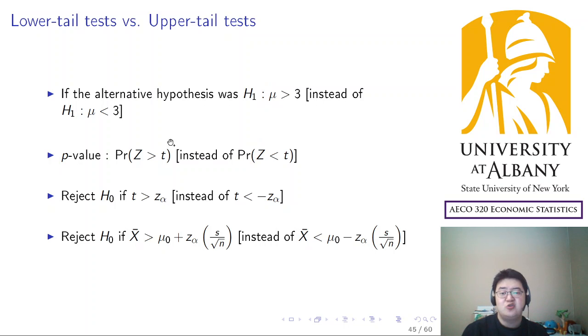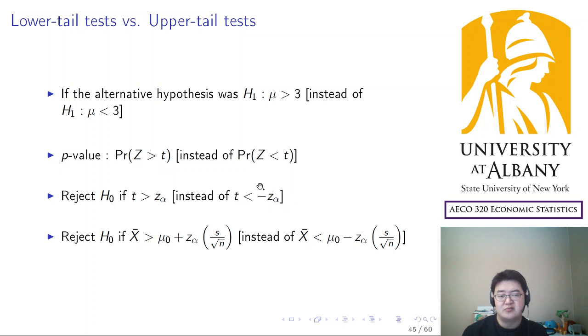In this case, your p-value must be this way: the probability in the upper tail is the p-value, and only the upper tail is your p-value. And the rejection rule for t-statistic is given by this. First, you have to use z alpha instead of z alpha over 2, but you reject if t is greater than that.